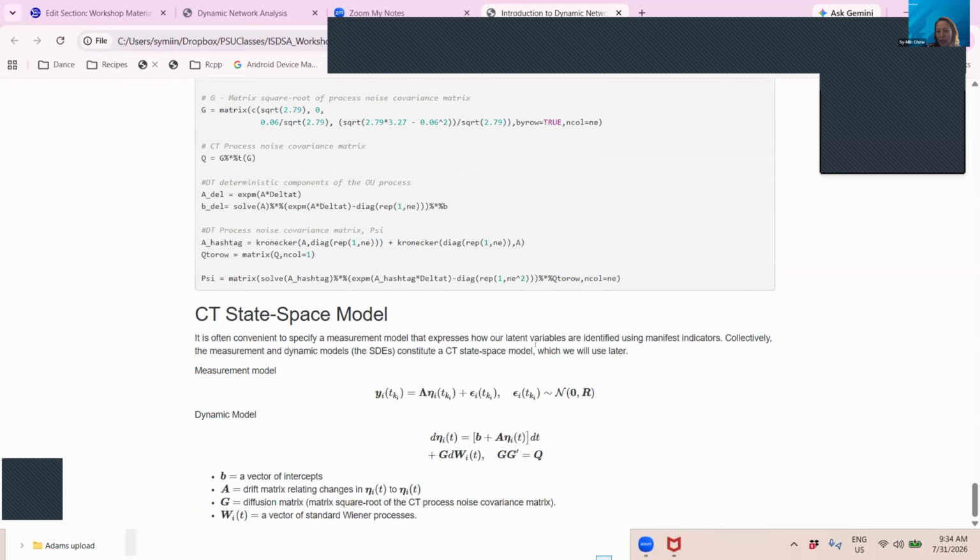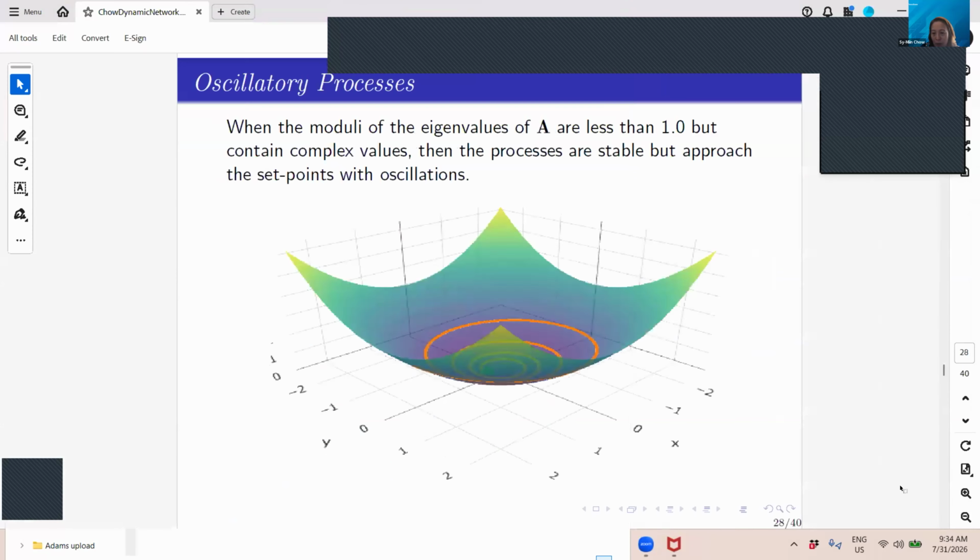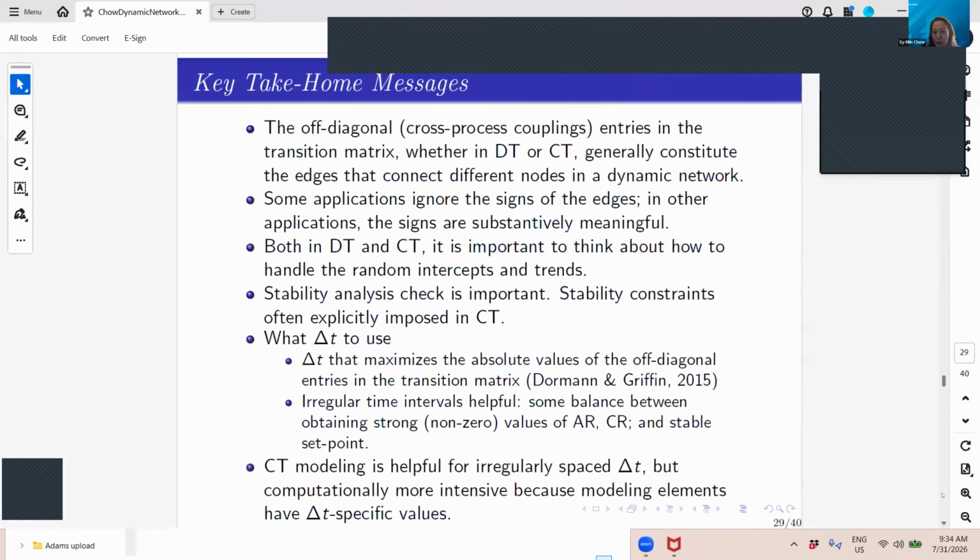And finally, Jack will talk about formulating some of this model as a continuous time state space model, which requires that we have a measurement model. So I am going to stop here and turn things over to my colleagues.